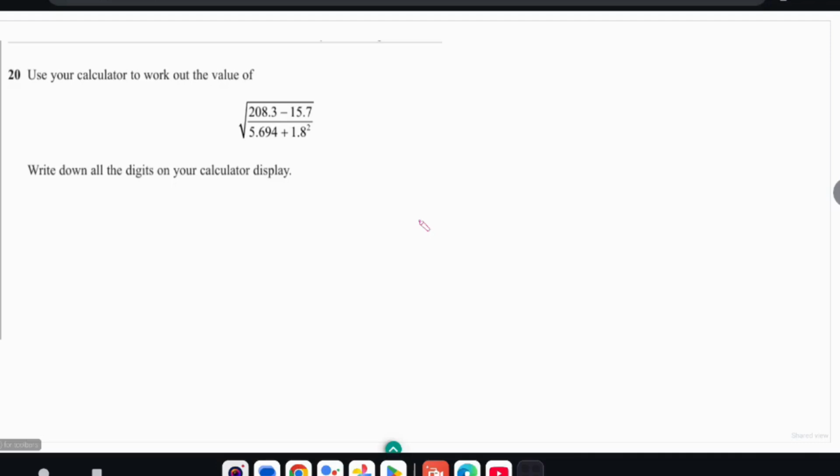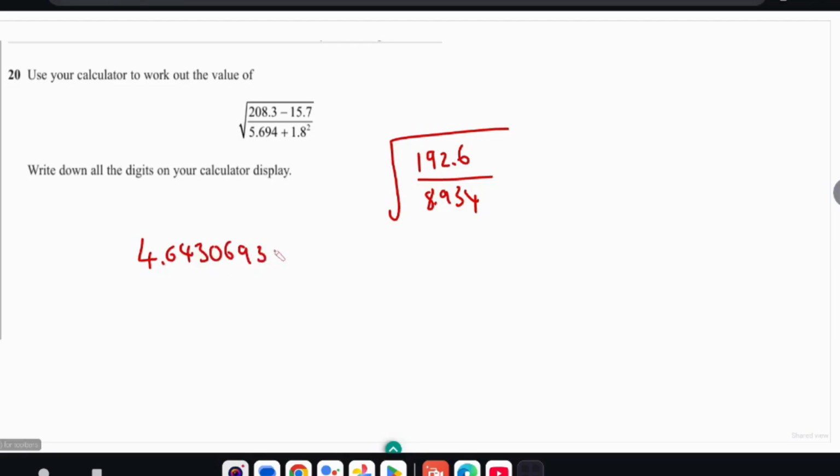For the numerator, and the denominator, square root of 192.6, divided by, or you could use your fraction button, 8.934. Write down all the digits on your calculator display.